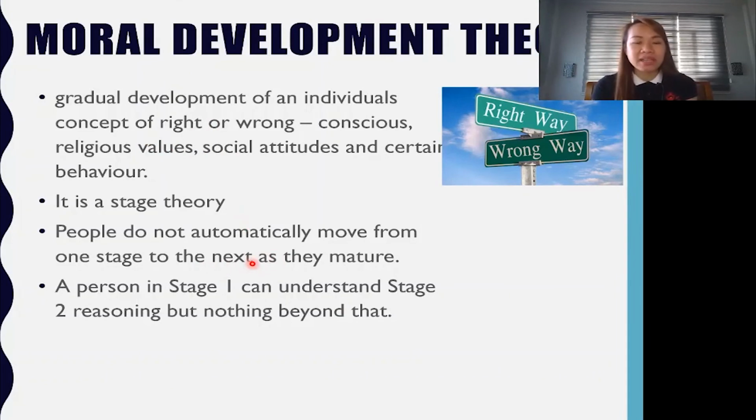Depende pa rin yan how a certain person develops morally. Kaya kahit na yung mga iba, adolescent na sila or adults na sila, hindi pa rin na-develop yung moral development nila. Hindi nag-develop morally because of a lot of factors that we could consider. A person in stage 1 can understand stage 2 reasoning but nothing beyond that.